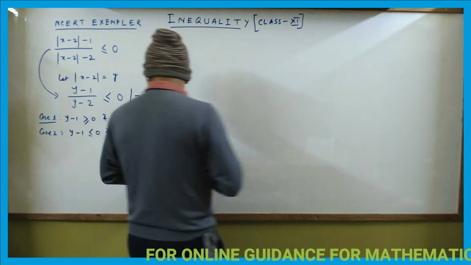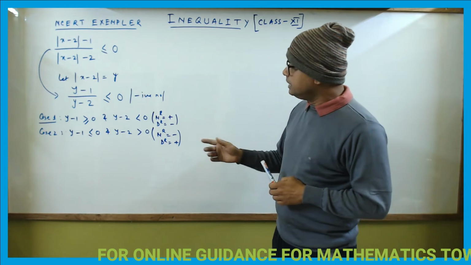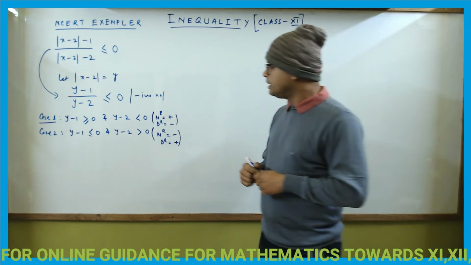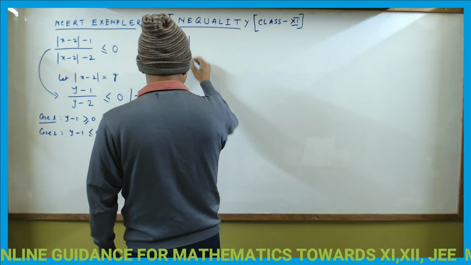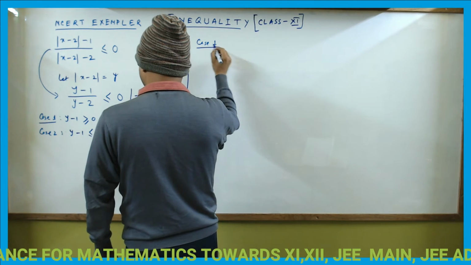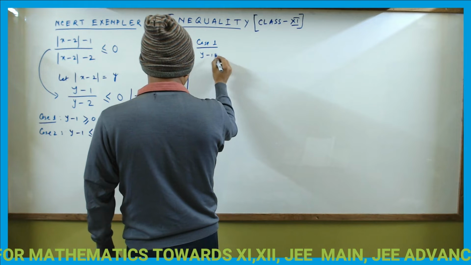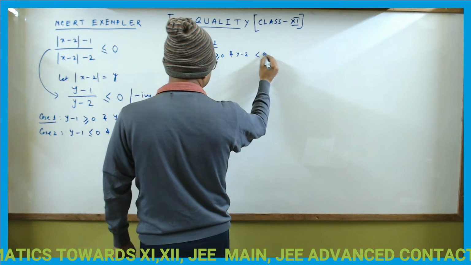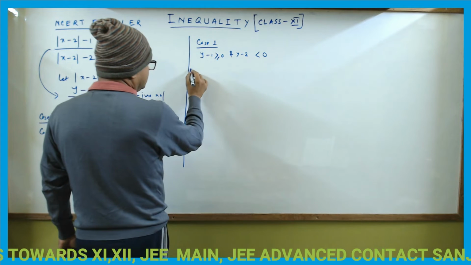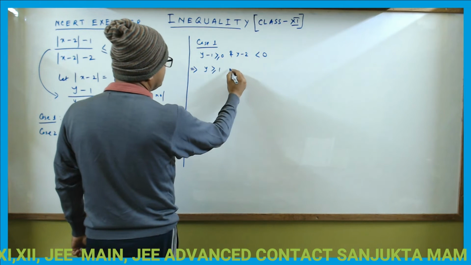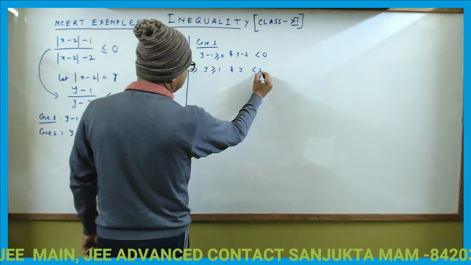Now, let us discuss these two cases. Case 1, y minus 1 greater equal to 0 and y minus 2 less than 0. It states that y greater equal to 1 and y less than 2.